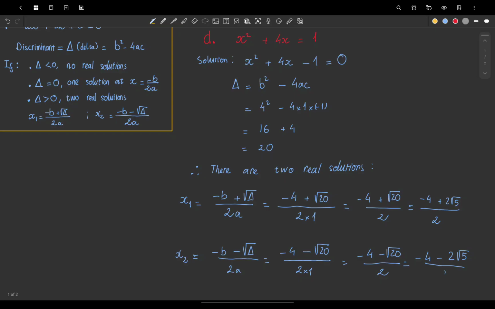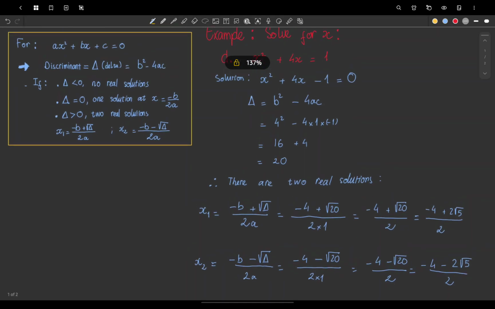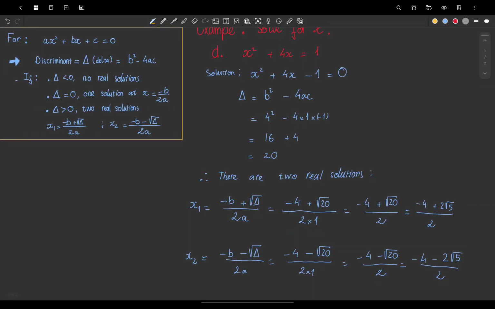One thing worth noticing is that I see a lot of students do this. When they get this sort of answer here, they just put it into the calculator and try to round it to 2 decimal places or 1 decimal place.